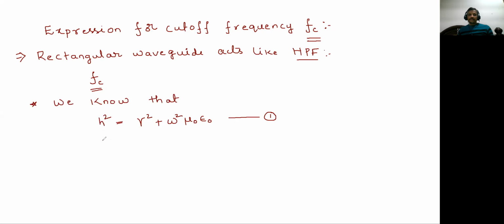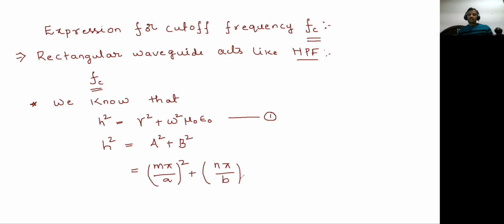And also another expression for h square which we got as a square plus b square. This is while finding the solution of Ez and Hz, and after applying the boundary conditions, A is obtained as m pi by a whole square, and B is obtained as n pi by b whole square. This is another expression for h square, which I am calling the second equation.